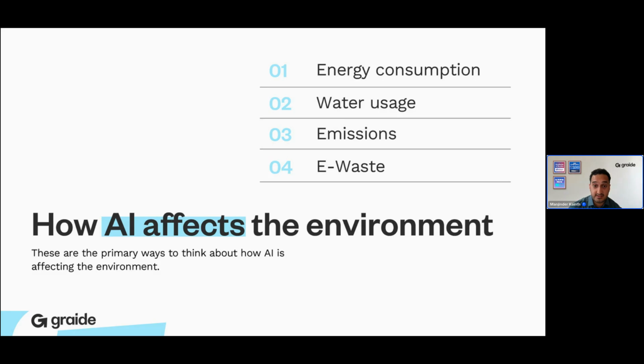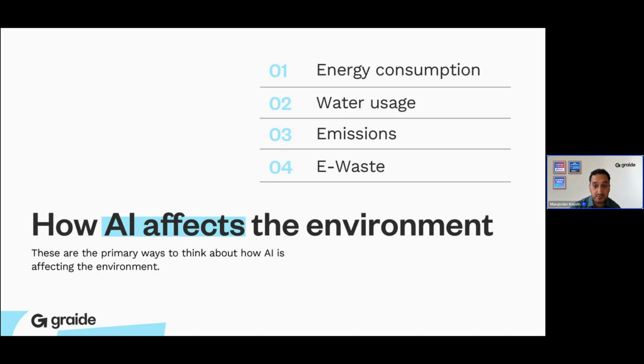The third is emissions. Naturally, the energy consumption that we're talking about here comes with emissions. Now, each system or each plant is going to have its own way of managing where it gets its electricity. They might be getting it from renewable resources, which is fantastic, but they might not be. So this is something that's really worth considering when we're talking about the underlying systems that are being used.